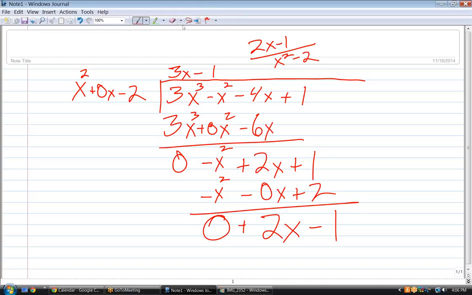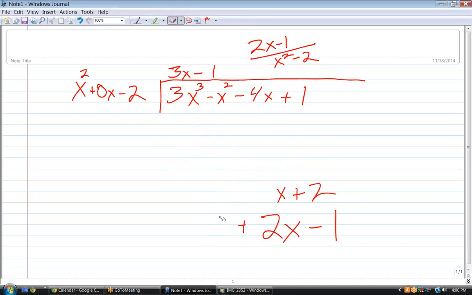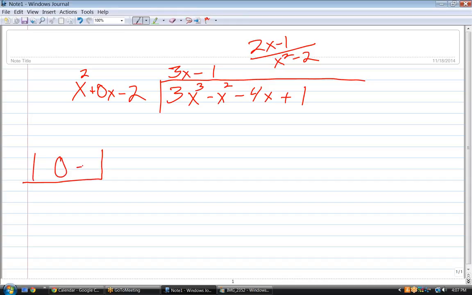Now, let's try to do it synthetically. Well, this is something I have not done. But I'm going to bet that we do it like this. Let's see if we can get the same answer.